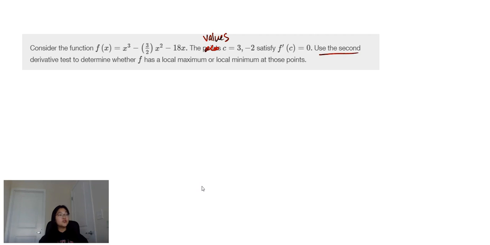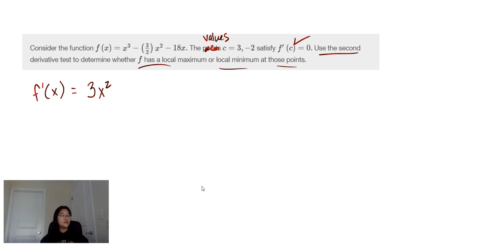We need to use the second derivative test to determine whether f has a local max or a local min at those points. So, how do we use the second derivative test? Well, we need to make sure that f prime of c equals 0, so we are given that. So we need to evaluate f double prime. And how do we do that?